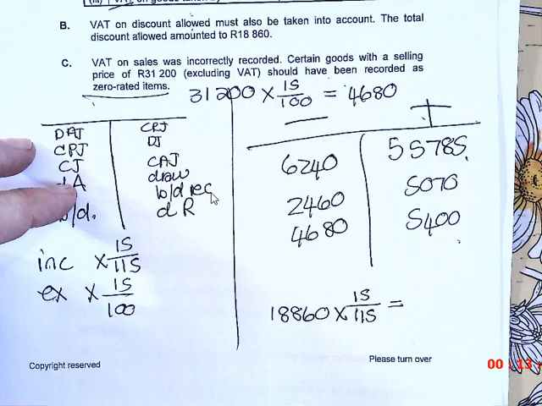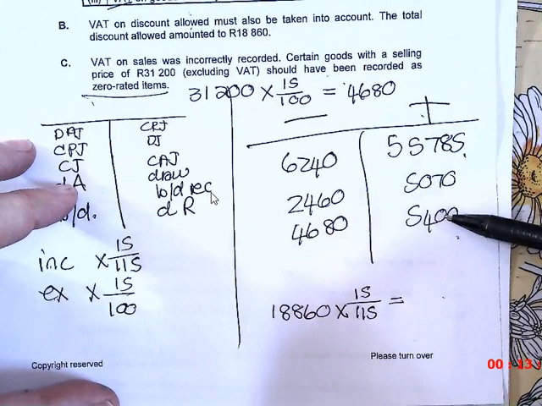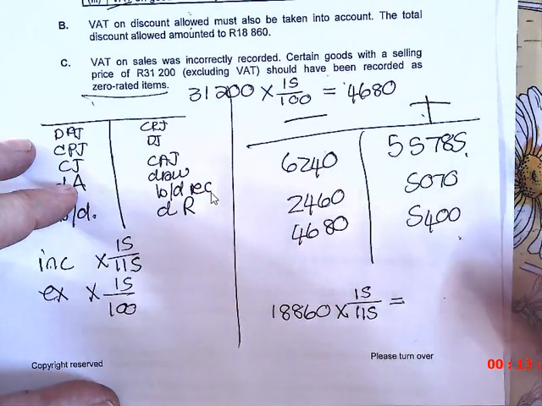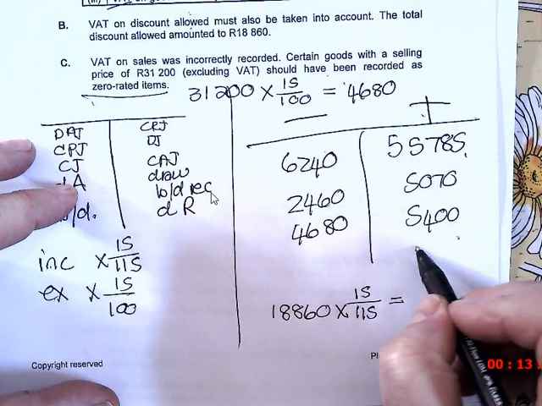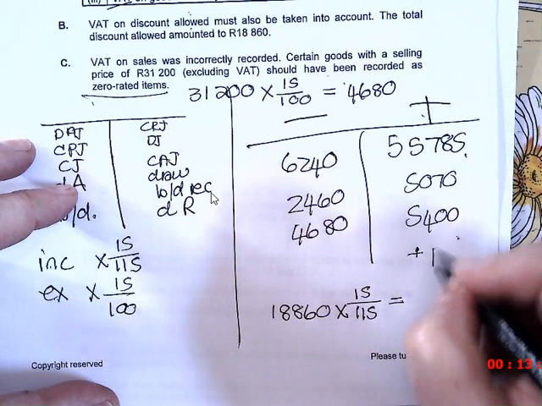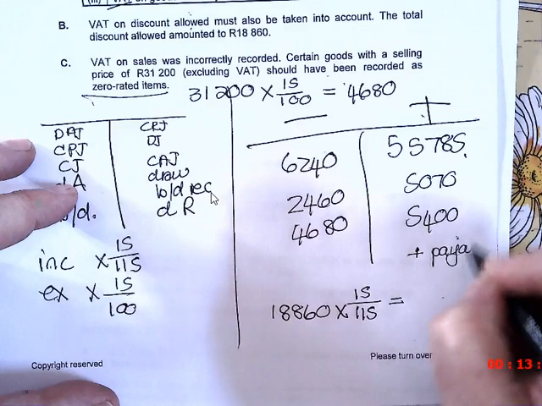And now what do I do? I balance. So first of all, you can see, if I'm going to add all of this, subtract that, I'm going to have a plus balance, meaning it's payable to SARS.